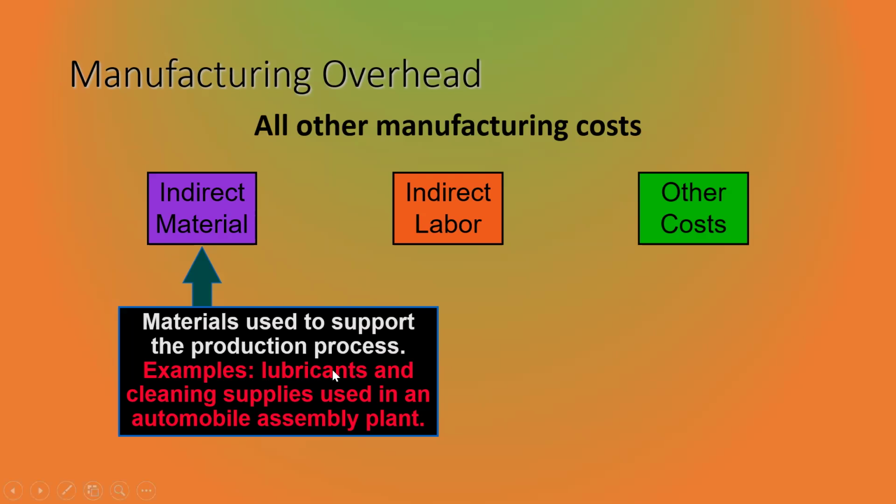So here we have lubricants, cleaning supplies, or you can say if we are taking the example of furniture, glue, nails, screws. So these are used in the production but cannot be directly traced or linked to the production. That's why this is called indirect material, and indirect material is a part of manufacturing overhead.